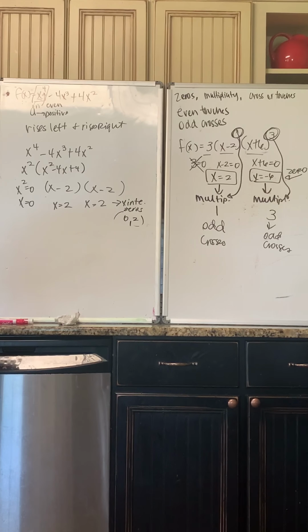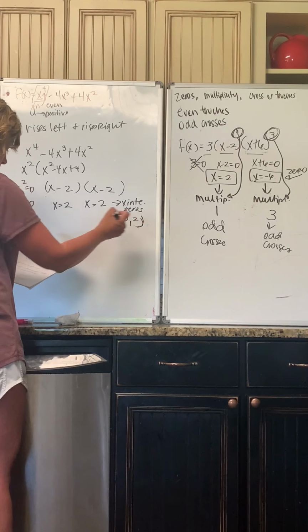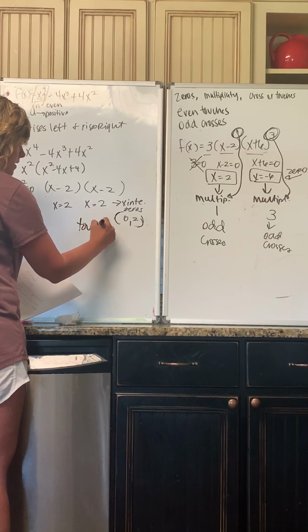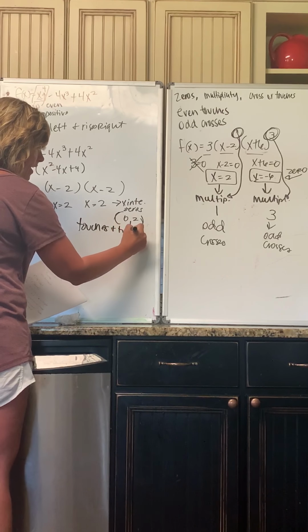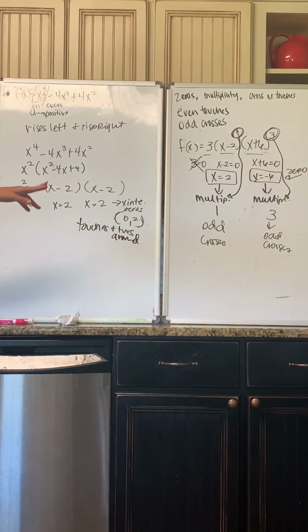Okay? Now, the intercepts, when we graph this, they don't cross because they're even. Okay? So 0 and 2 are your intercepts at which the graph touches and turns around. Okay? So when you go through this, you need to know that because they're even, it touches and turns around.